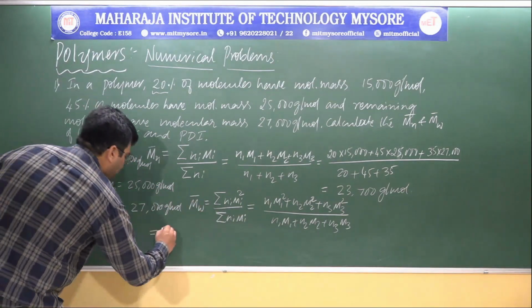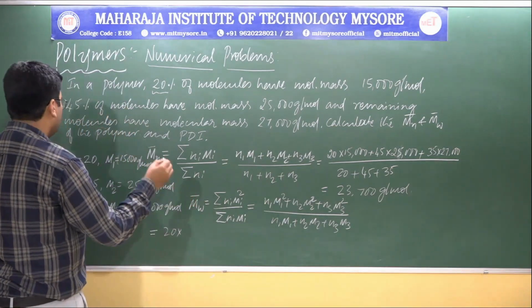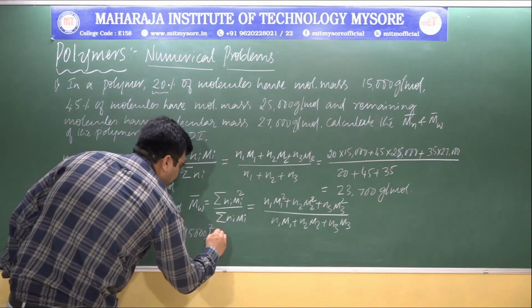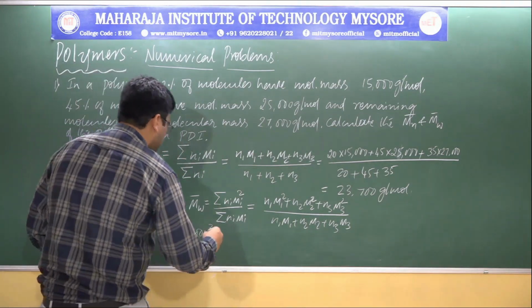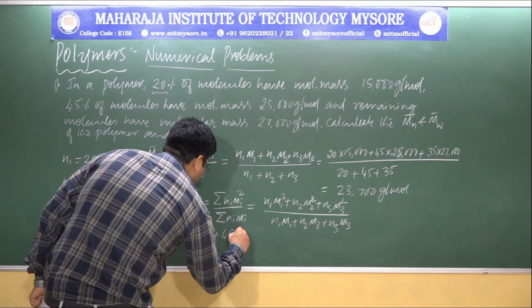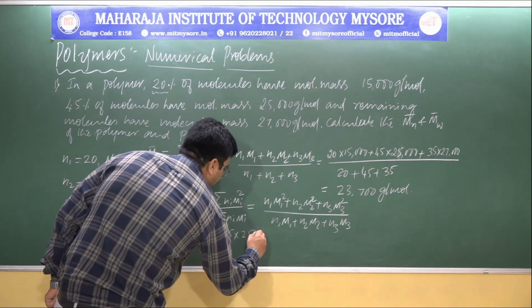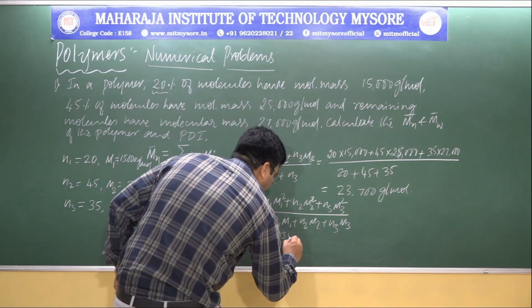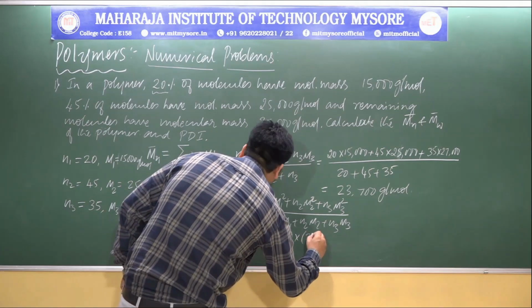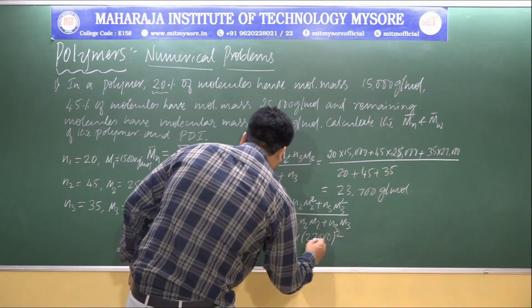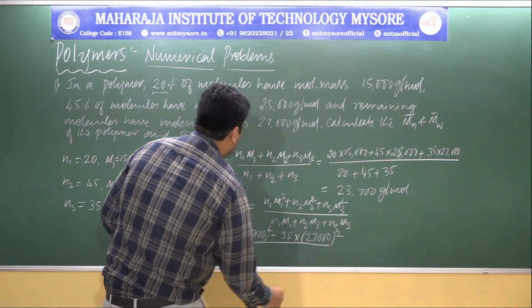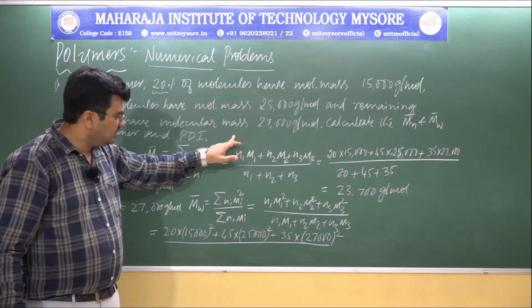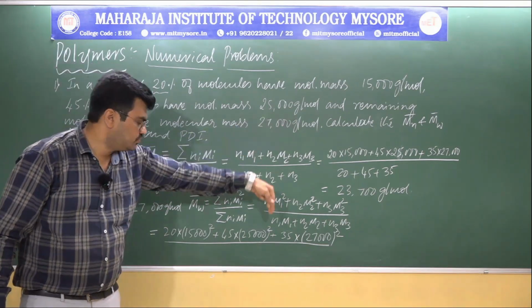N1 is 20 into M1 square, M1 means 15,000 square, plus M2: 45 into 25,000 square, plus N3 is 35 into 27,000 square, right. That divided by the denominator, which you already took in the number average molecular weight. You can simply substitute the same.